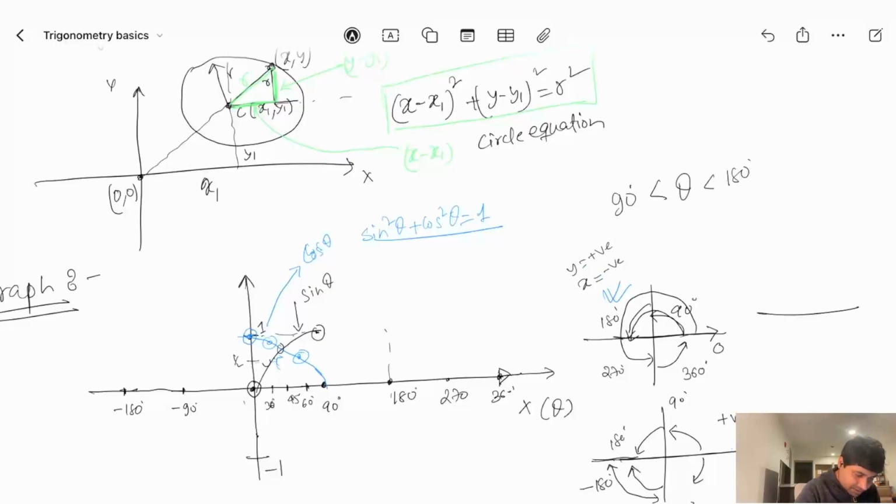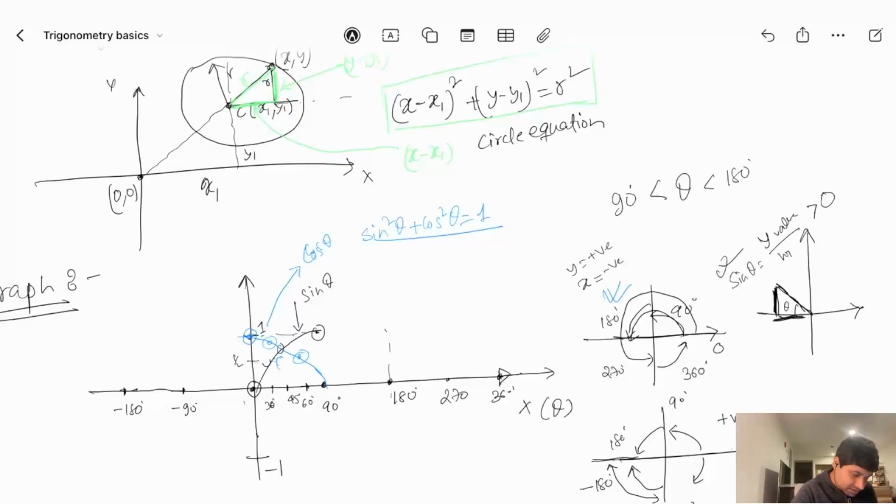If you imagine in the second quadrant there is a theta, and I ask what is the value of sine theta here, sine theta is nothing but your height divided by hypotenuse, and height is still representing y, so y divided by hypotenuse is definitely still positive.